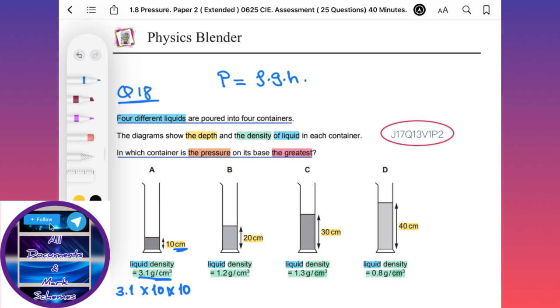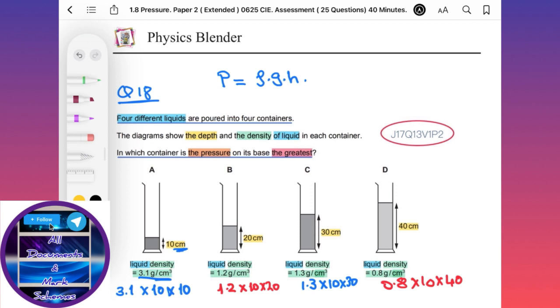The second one, 1.2 times 10 times 20. Third one, 1.3 times 10 times 30. The last one, 0.8 times 10 times 40.